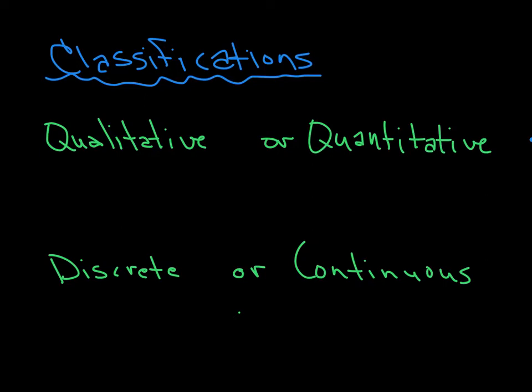So you have to choose between either qualitative or quantitative, and then the second, you have to choose between discrete or continuous. So I'll give you some basic ideas of what these classifications entail.